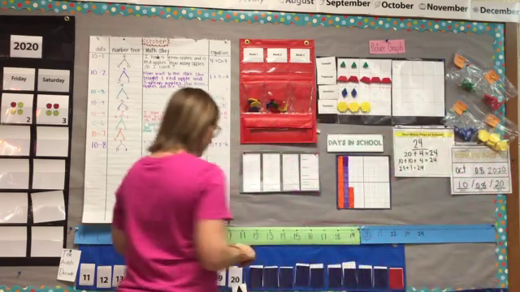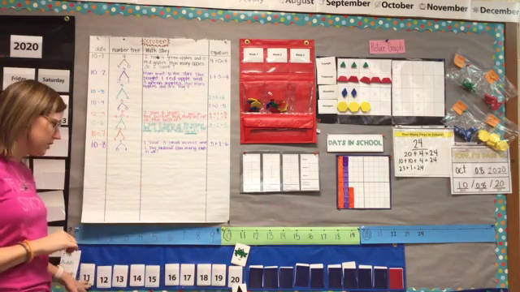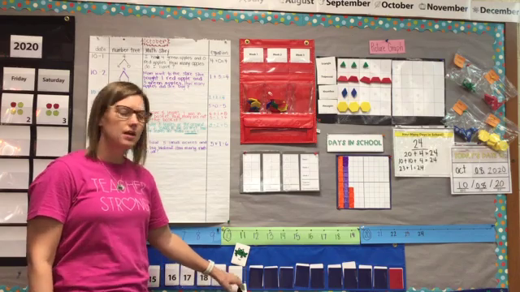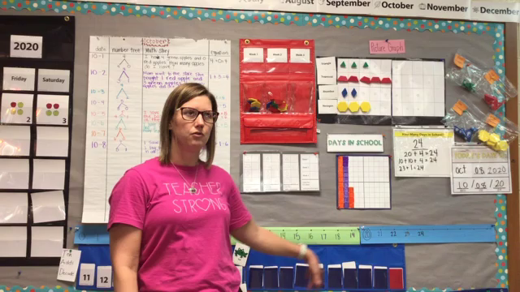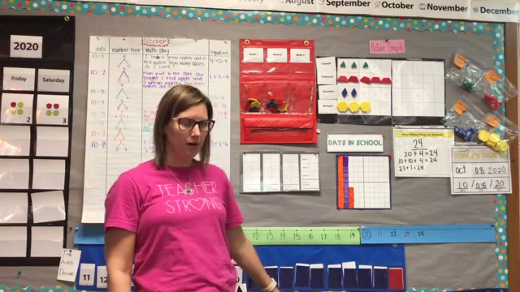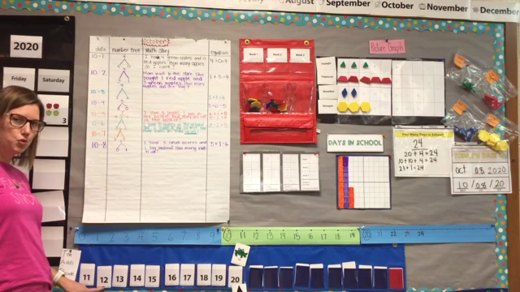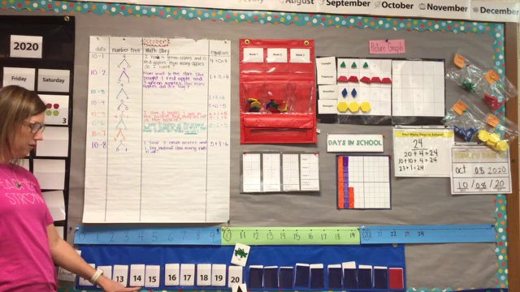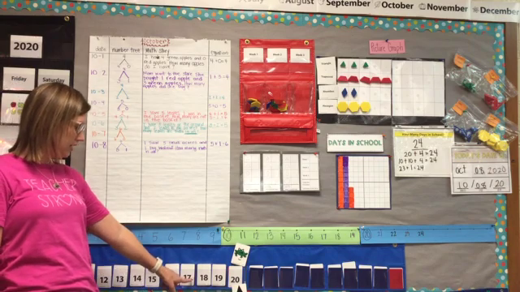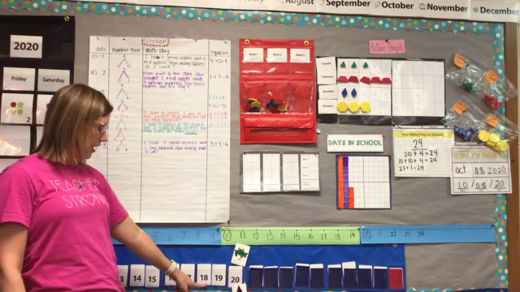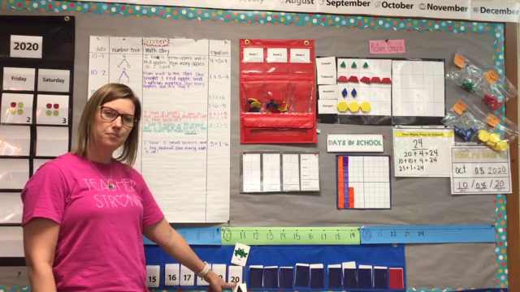So what I want to do today with our number line is I want us to practice counting from 11 to 20. Then we're going to flip over all of these cards and practice counting forwards and backwards. Okay, so help me count. 11, 12, 13, 14, 15, 16, 17, 18, 19, 20.